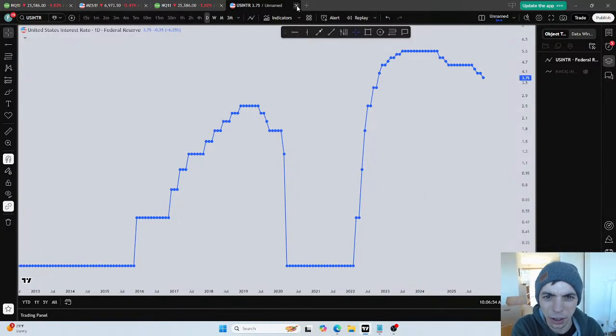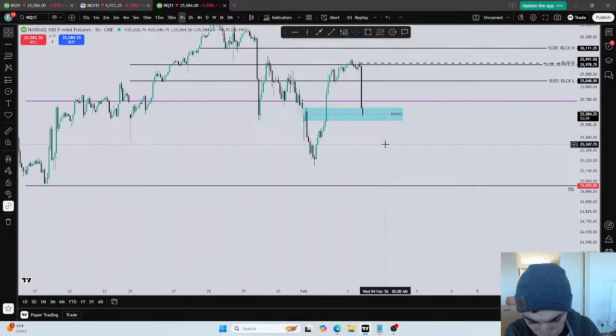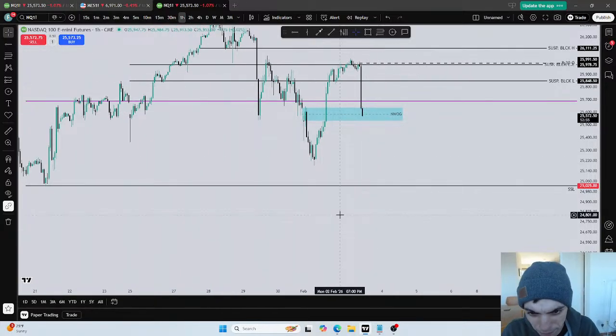Okay, we can't really see it here, but the Fed refused to bring the interest rates lower.